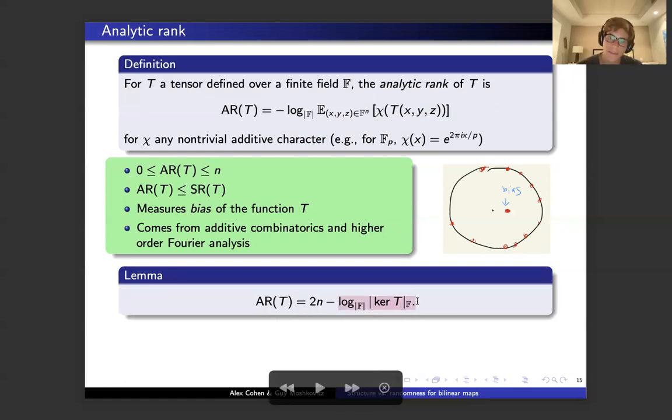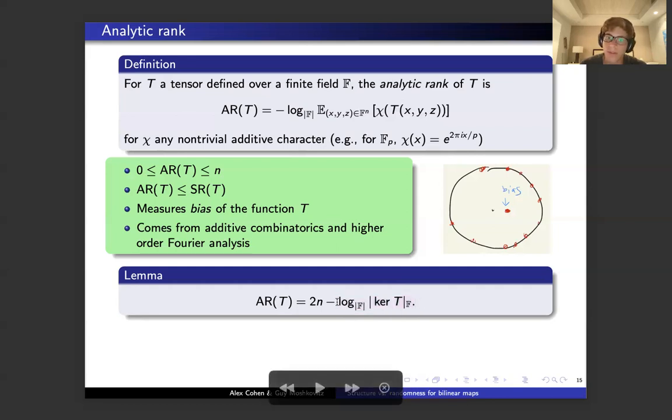This log base F of the size of the kernel is some finite field analog of the dimension of the kernel. To see this, note that if the kernel were a linear subspace of dimension d, because it's isomorphic to the linear space F^d, it has exactly |F|^d points. So this log is d, the dimension of the linear subspace.